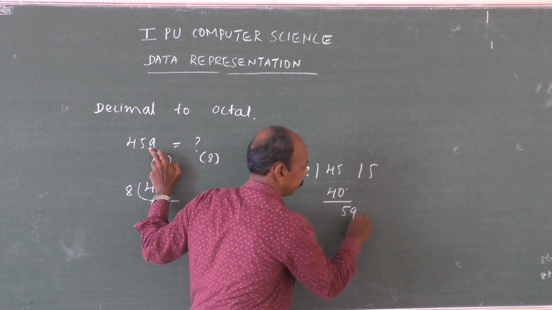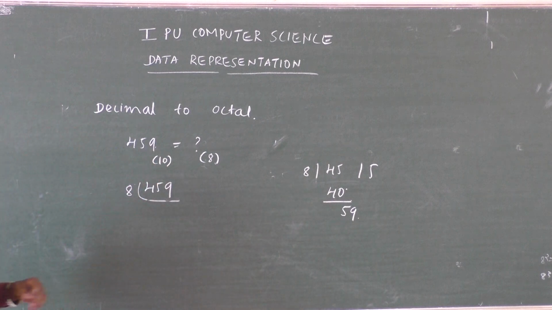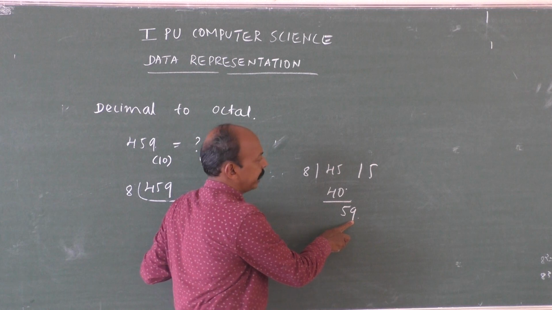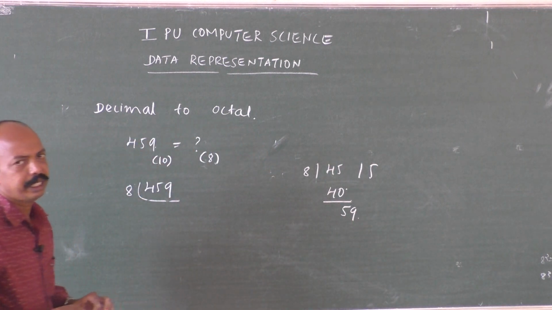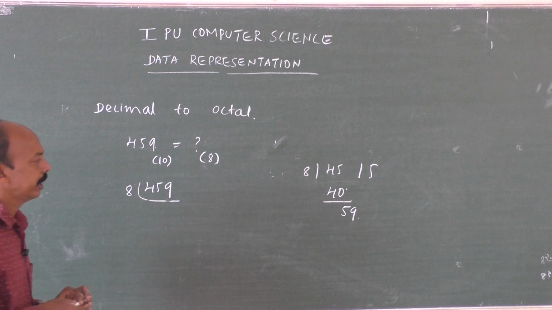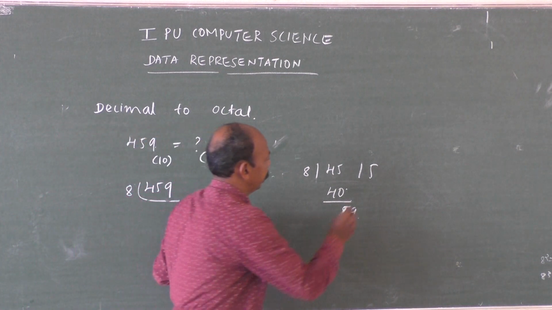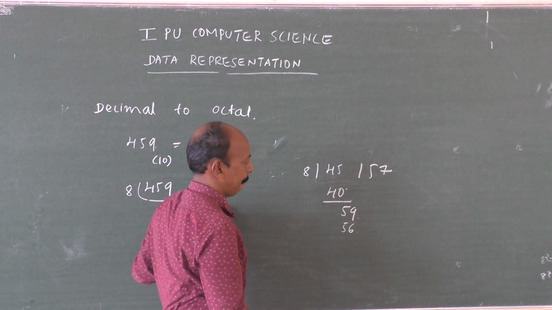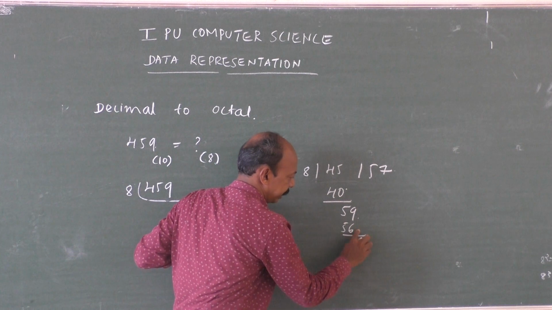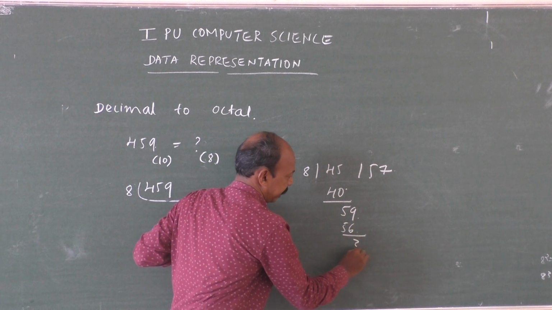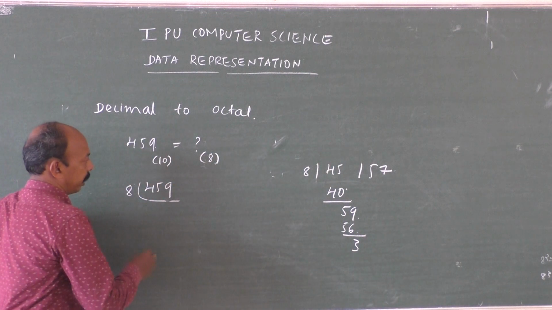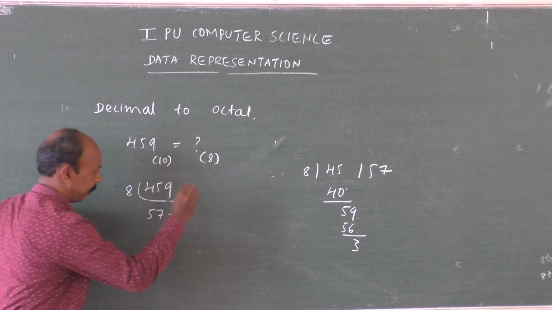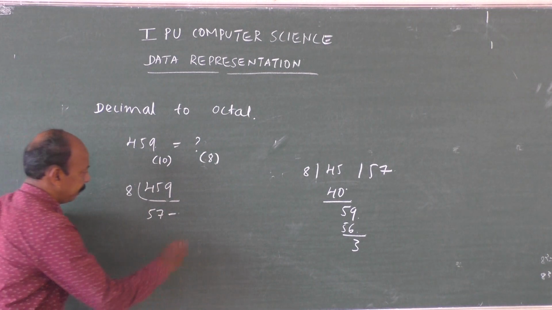Write that 9 here. Then 59: 8 5s are 40, 6 are 48, 7s are 56. So 7, it is 56. Right? So here in this case it is 3. That's why what we can write here is 57. What is the remainder? The remainder is 3.